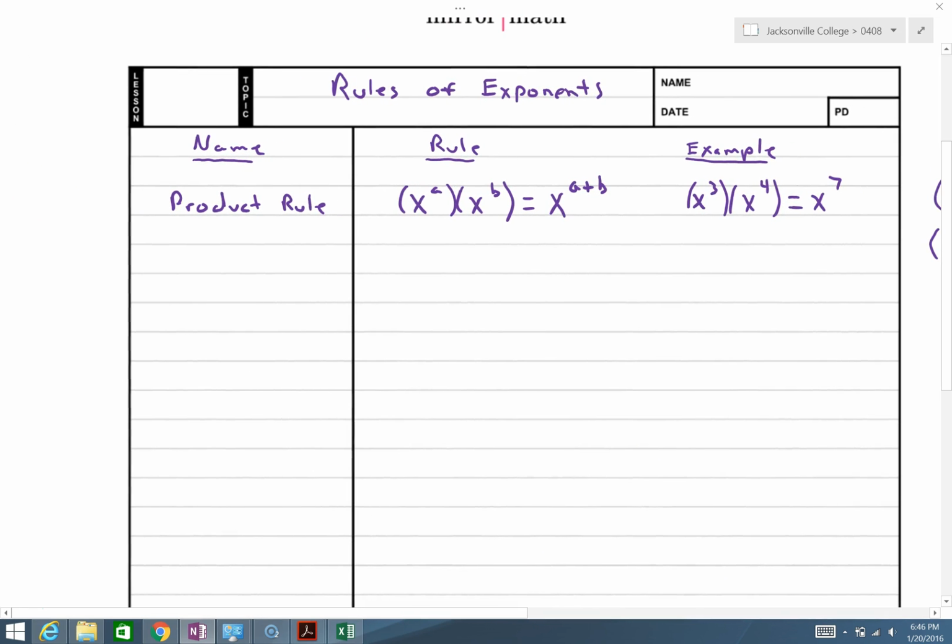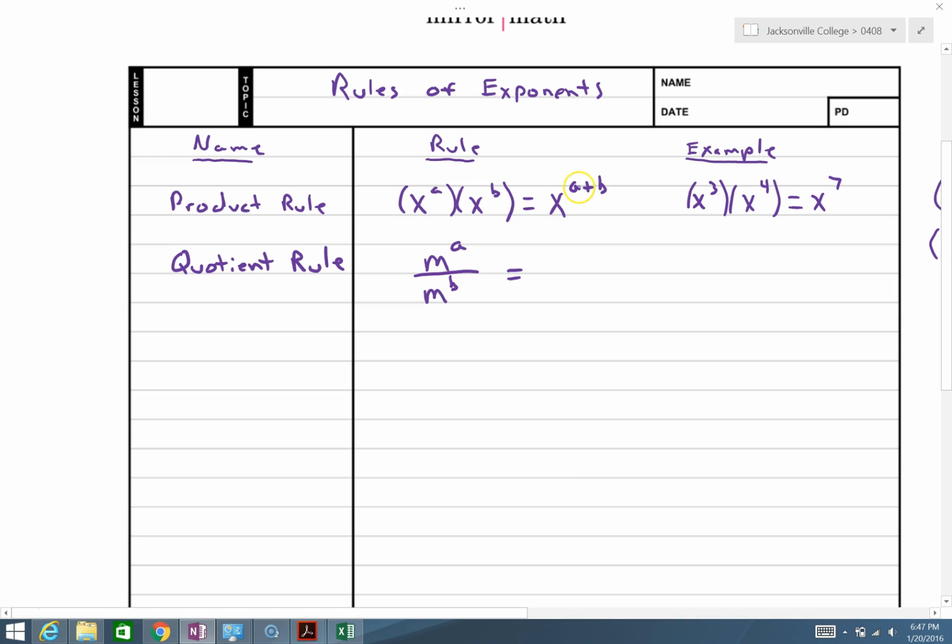All right, our next rule will be the quotient rule. Well, product is the answer to a multiplication problem. Quotient is the answer to a division. The quotient rule says if you have m to some power a and you divide by that same number m to some power b, now you're going to subtract.